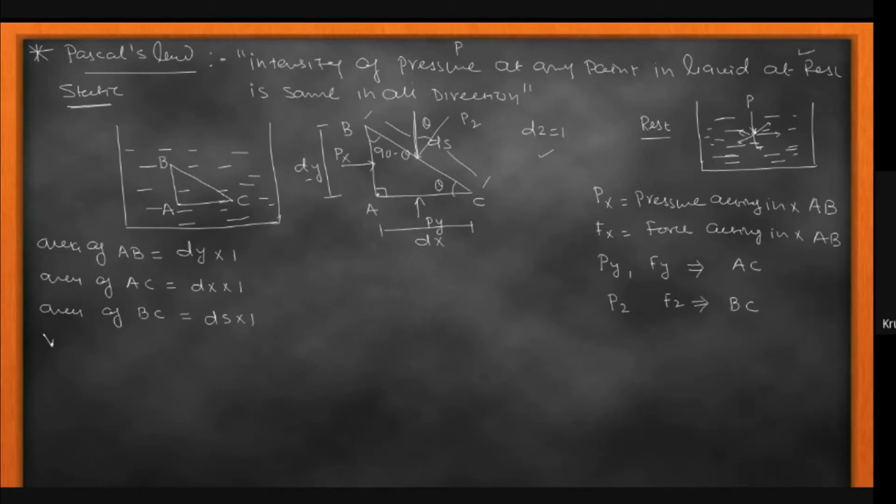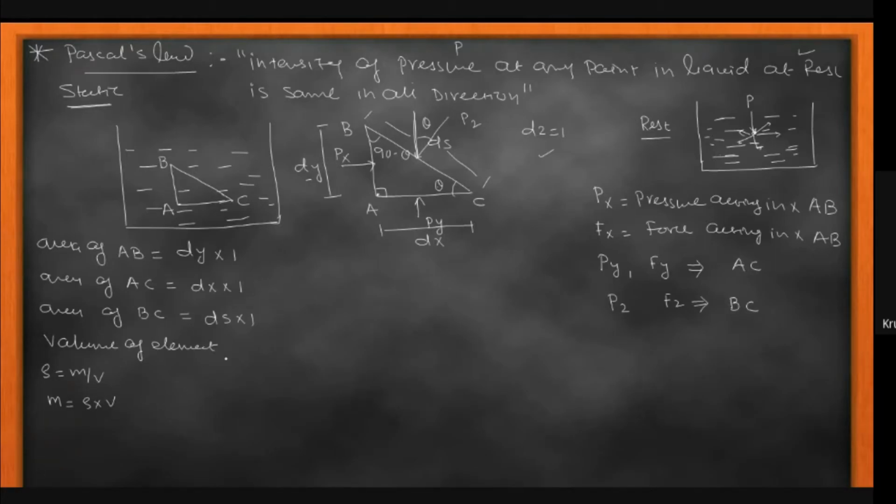Now I'm going to calculate the volume of the triangle or volume of the elements. So we know the concept of density. The density equals mass divided by volume. So from that we can calculate that mass equals density into the volume.